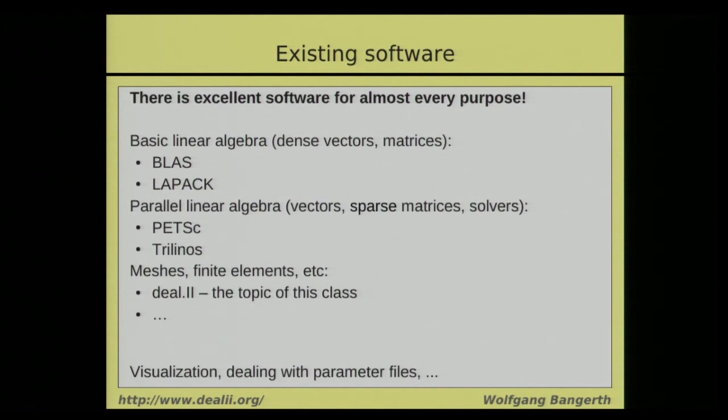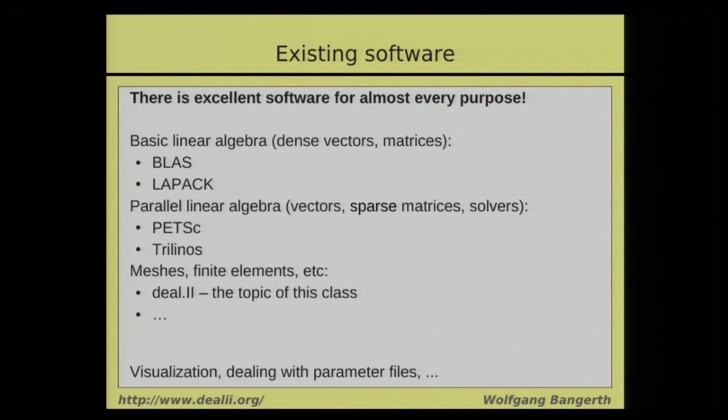So let me actually, before I say this, just as an introduction to existing software, there are a number of libraries that I will bring up repeatedly in this class. For basic linear algebra, the library that exists is BLAS, the basic linear algebra subroutines, and LAPACK for, let's say, higher order things like computing eigenvectors and eigenvalues of dense matrices.